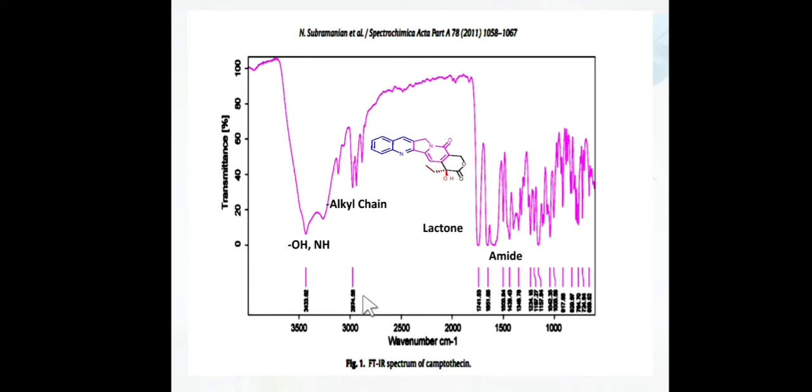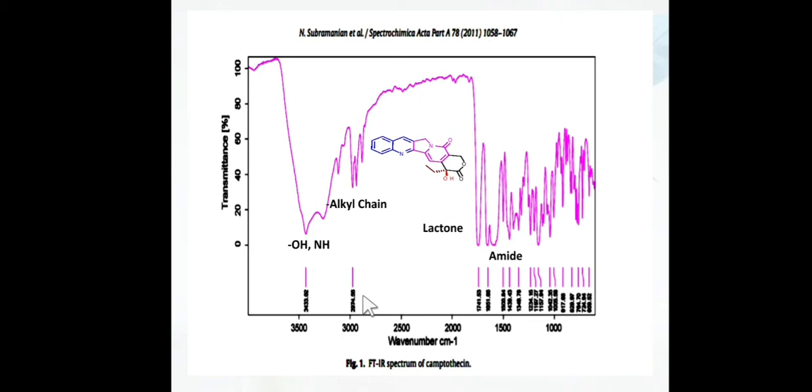As we studied this spectroscopy deeply in our MSc and BSc courses, I will directly go to the application of this spectroscopy. So if I have camptothecin, the camptothecin IR looks like this. What we can get from this IR is that there is a presence of NH or OH, and there is a presence of an alkyl chain because there are stretching bands at 3000 cm inverse.